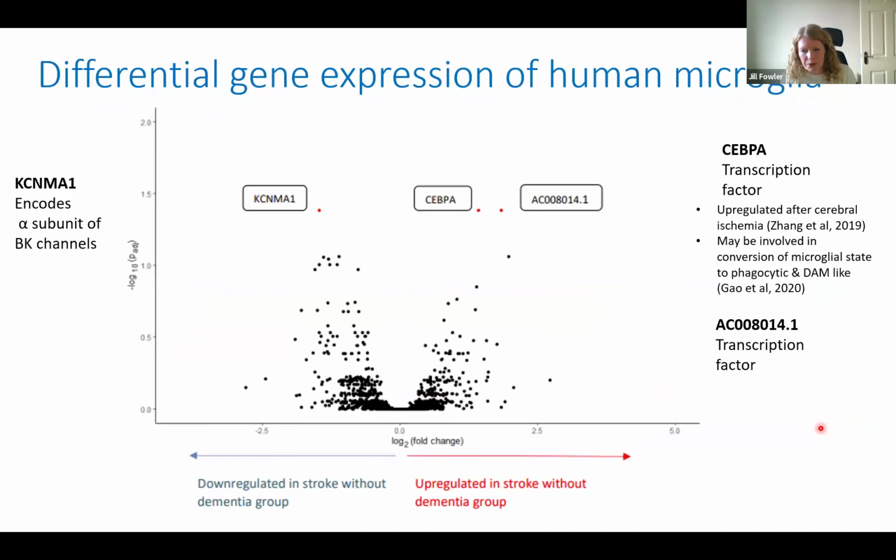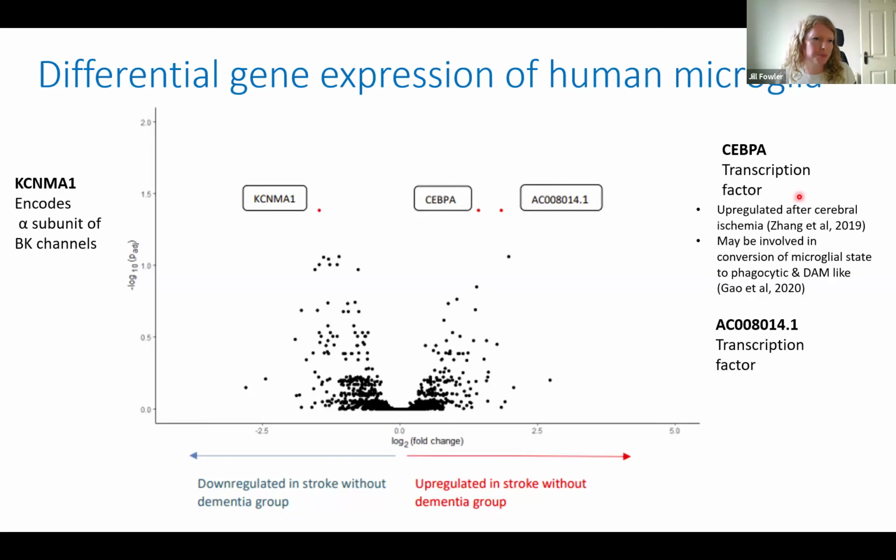Because of the low number of microglia we sequenced, we don't see many genes changed when we look with differential gene expression analysis. But of the few that were altered, they were still really interesting to us. So for example, this one gene called CEBPA, a transcription factor, which is upregulated in stroke without dementia.